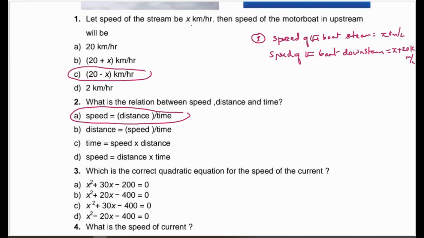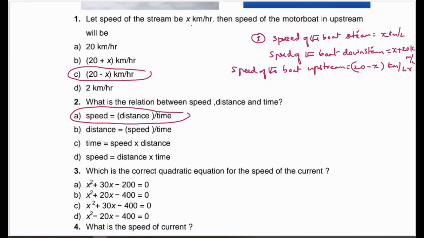Then the upstream speed of the boat will be 20 minus x kilometer per hour.